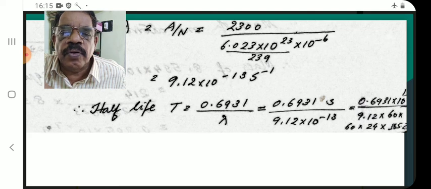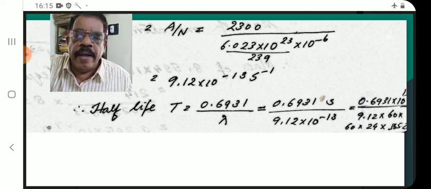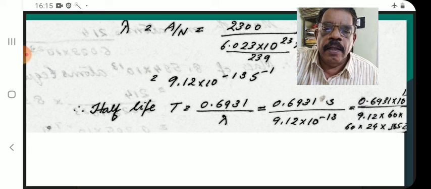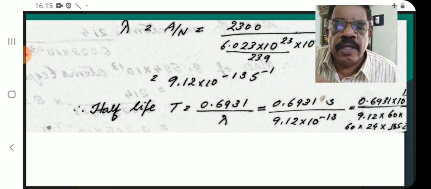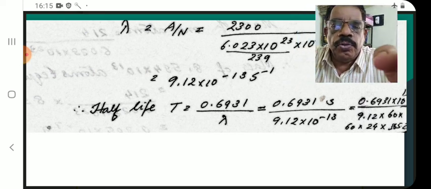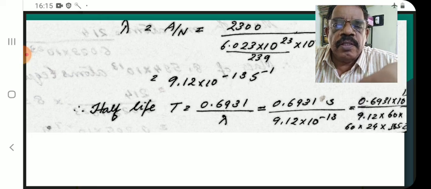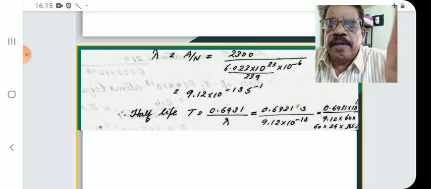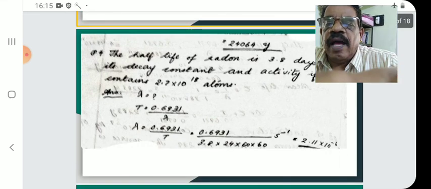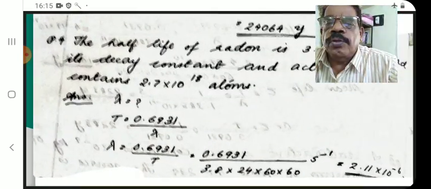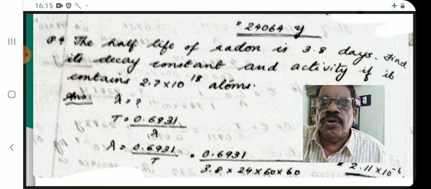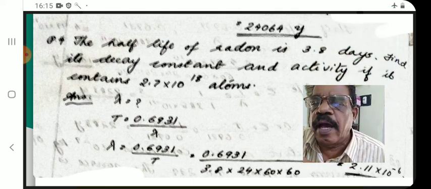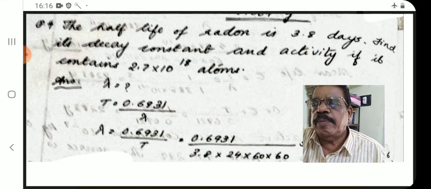That you convert into year by dividing it by 60 into 60 into 24 into 365.25 in year. Convert into year, that we get as 240464 year. Answer.